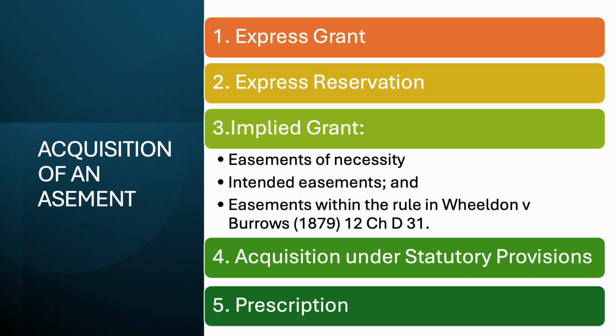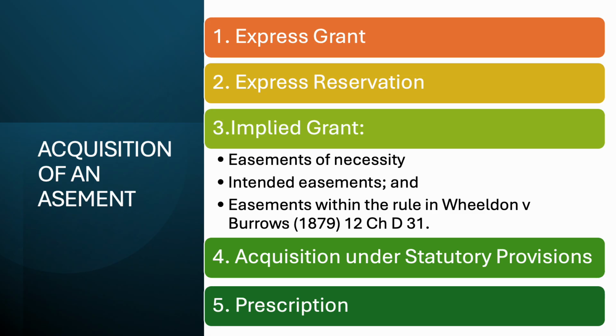Secondly, express reservation. Now, this is the mirror image of an express grant. It arises when the owner of land sells part and retains the rest, and he wishes to reserve an easement over the land sold in favor of the land retained. Now, at common law, a vendor could not directly reserve easements for the land that he was selling.